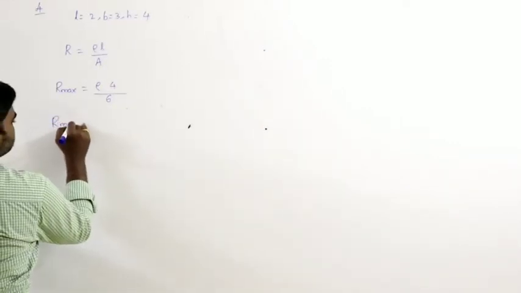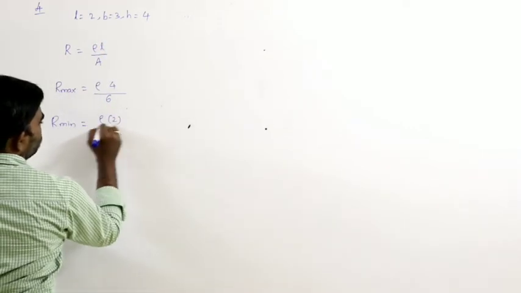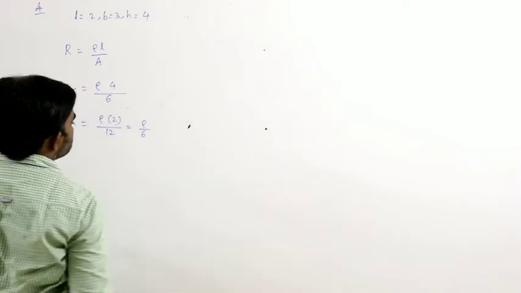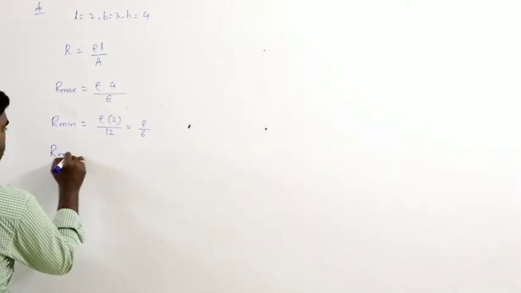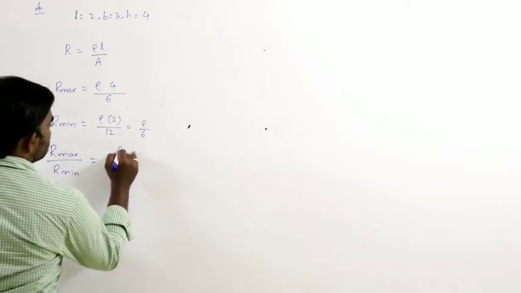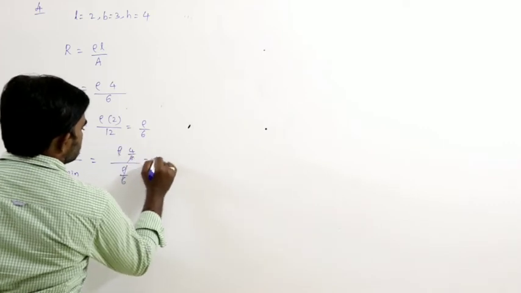R minimum has the minimum length 2, so rho into 2 divided by the remaining area 12, which is rho by 6. So R maximum divided by R minimum is rho into 4 by 6 divided by rho by 6, which is 4.